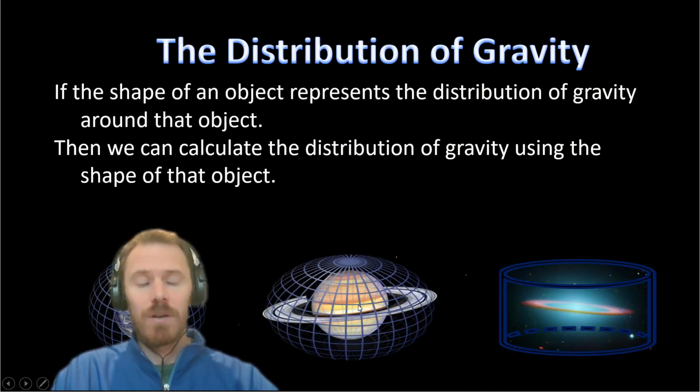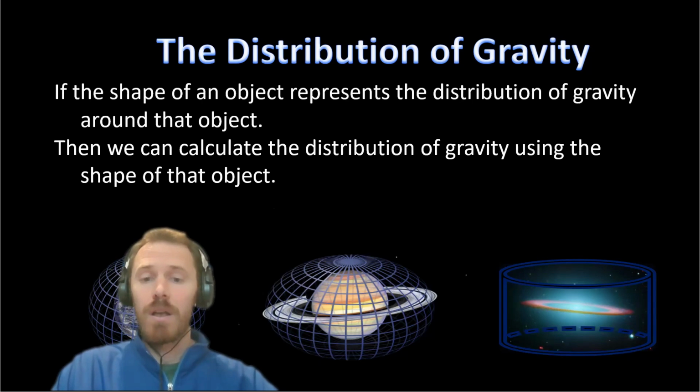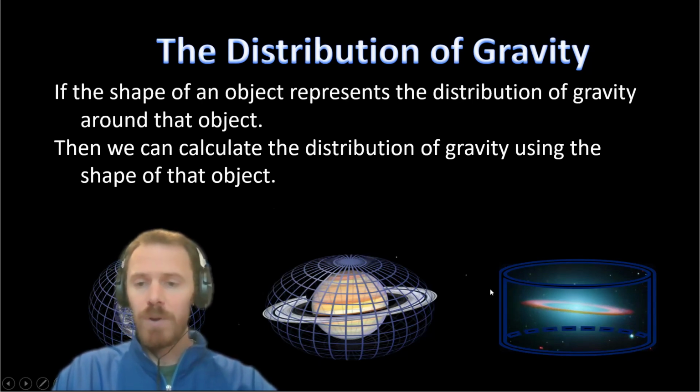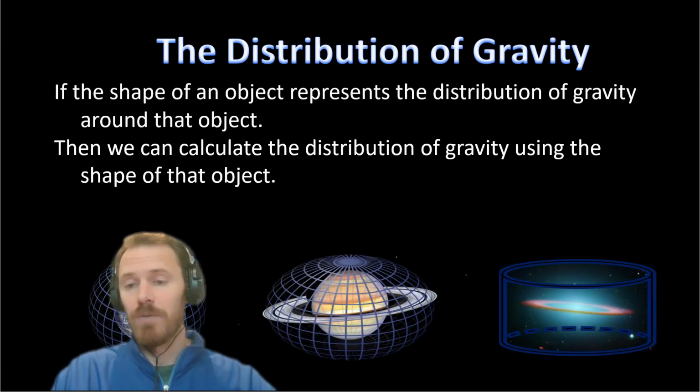As an object rotates, it becomes an oblate spheroid, and so the distribution of gravity can also be mimicked by the shape of that object, and we can use the shape of an oblate spheroid to calculate the distribution of gravity. When we look at a galaxy, most galaxies, or many galaxies, are in the shape of a flat circular disk.